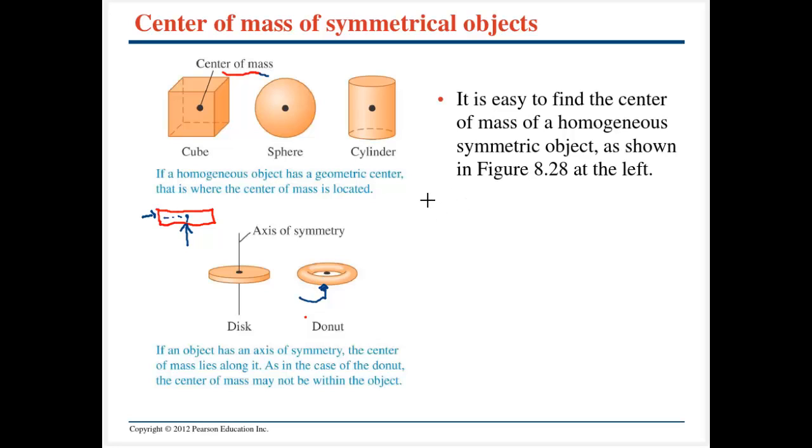To calculate these mathematically, it's a fairly simple formula. We would say that the position of our center of mass is going to be an object's mass multiplied by its x position plus a second mass, mass 2 multiplied by the second x position plus the third mass multiplied by an object's third x position, divided by mass 1 plus mass 2 plus mass 3.